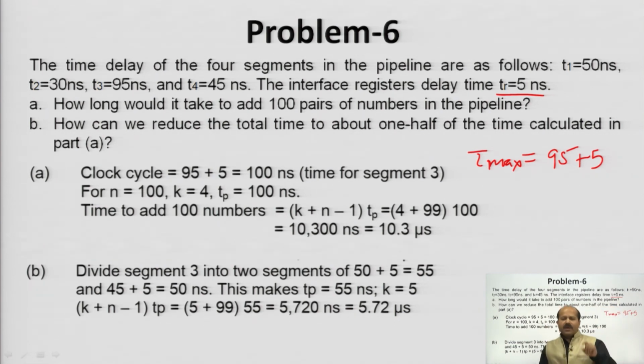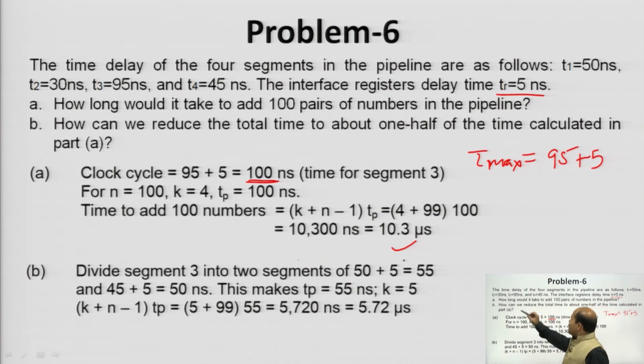So, Tp, or the clock period for this pipeline system, will come as 100 nanoseconds, and for 100 tasks you can simply calculate with the formula k plus n minus 1 times Tp. So, it comes as 10.3 microseconds.